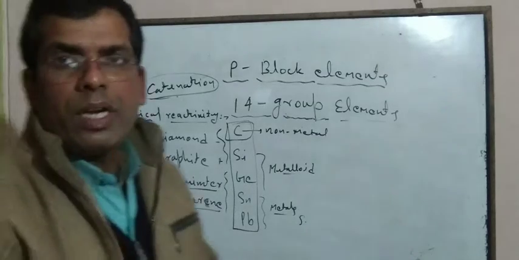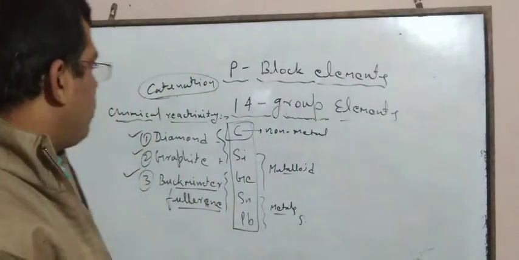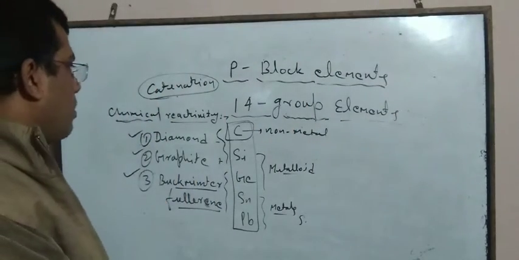These are three important allotropes of carbon, in which diamond is the hardest substance among all.